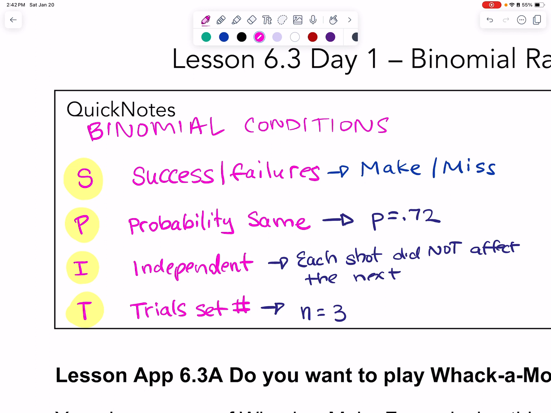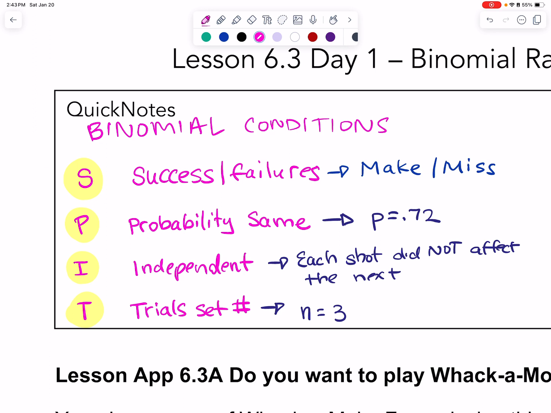Yes, make or miss. Was the probability the same for each free throw? Yes, 72%. Was each shot independent from the next? Did one affect the other? No, they didn't. They were all independent. And did he have a set number of trials? Yes. They didn't stop him if he made it. They didn't stop him if he missed it. He had 3 shots, make or miss.